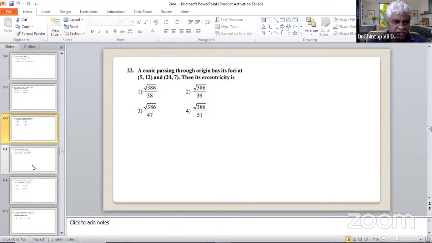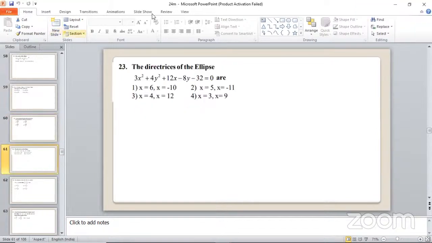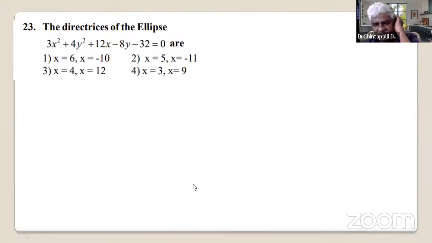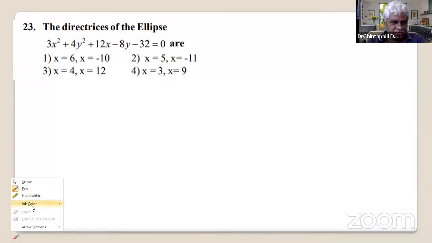This is completed, right? Yes. See this, the directrix of the ellipse. First of all, we need to convert it into the standard form. Let us do it quickly. It is the given ellipse.